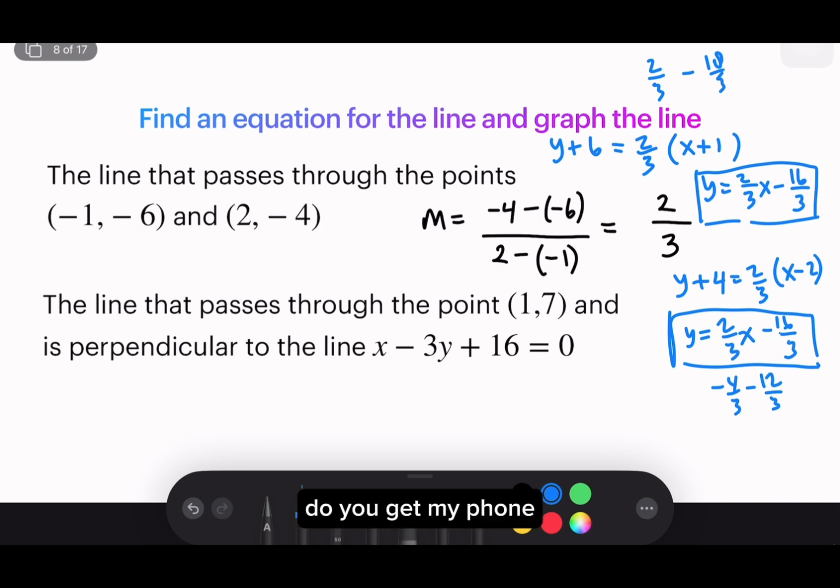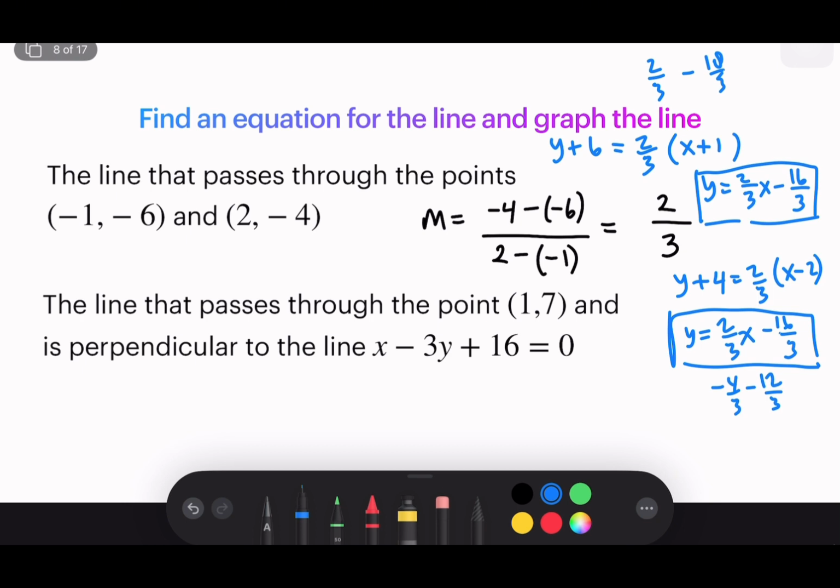Do you get my point? From here, what I need to do is write 3-1, I will write 3-1 on the right and move everything to the right side. So it's negative half. You get it?